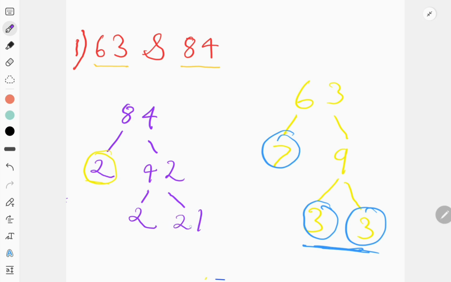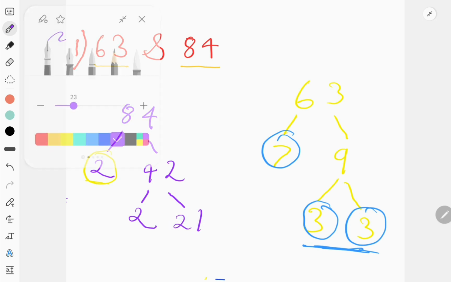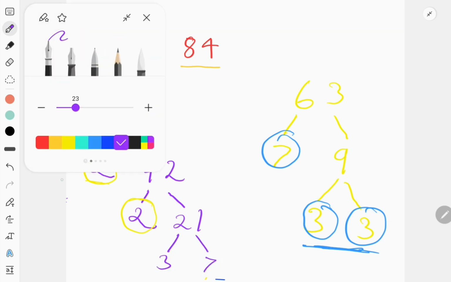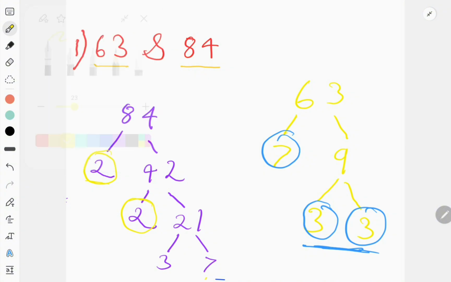So 2 and 21 are factors of 42. 2 is prime, so we are done there. 21 we can break down. 3 times 7 equals 21. So 3 and 7 are factors of 21. 3 is prime, and 7 is prime as well. So we are done. That's the prime factorization of 84. We can't break that down any further.